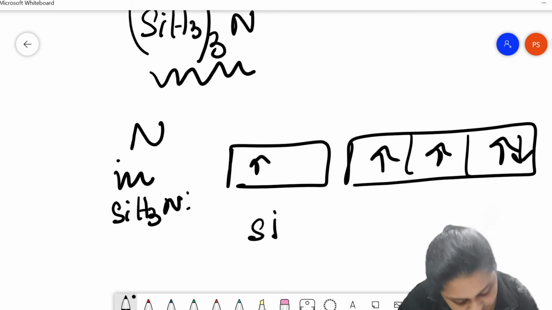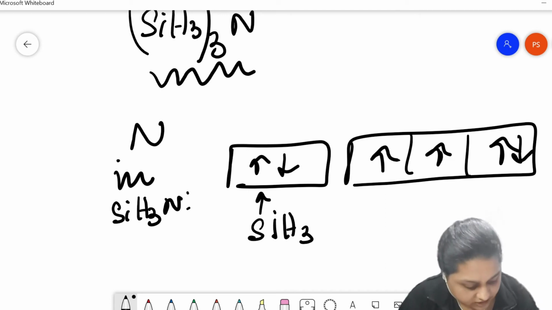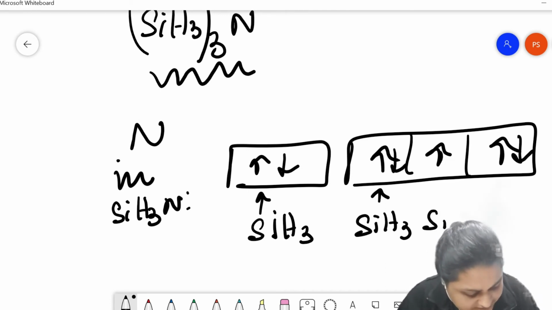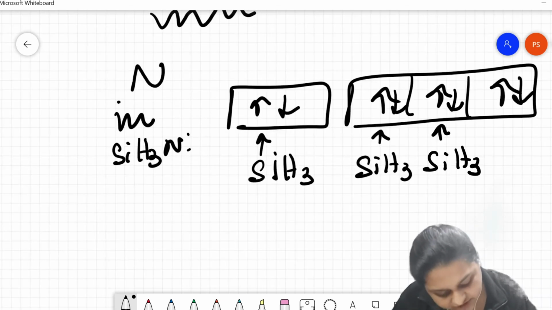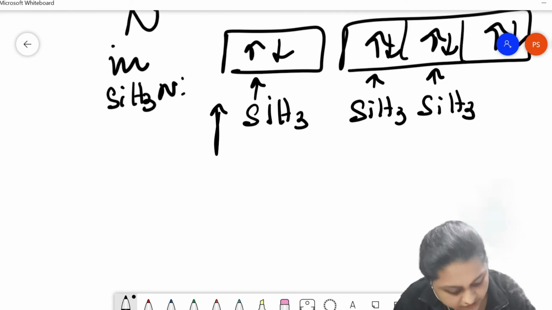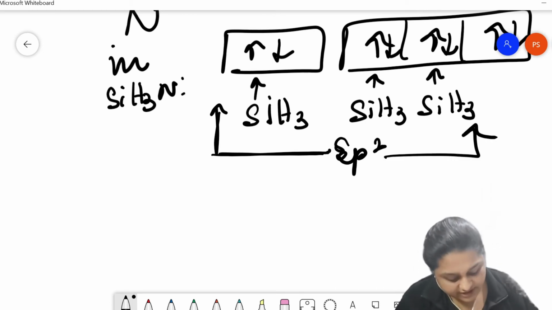Then the sharing of electrons will occur from silicon with each of the electrons in the nitrogen atom, thus forming 3 sigma bonds in this way. The hybridization as a result of this kind of sharing will give sp2 hybridization.